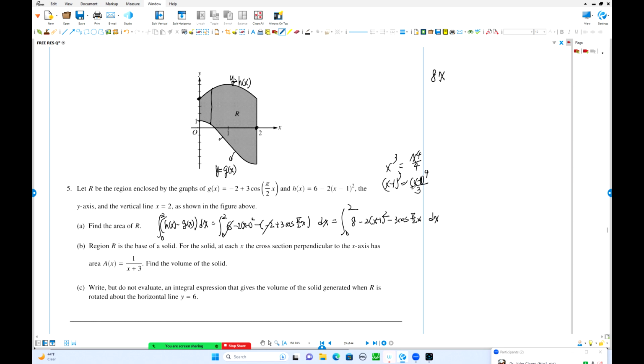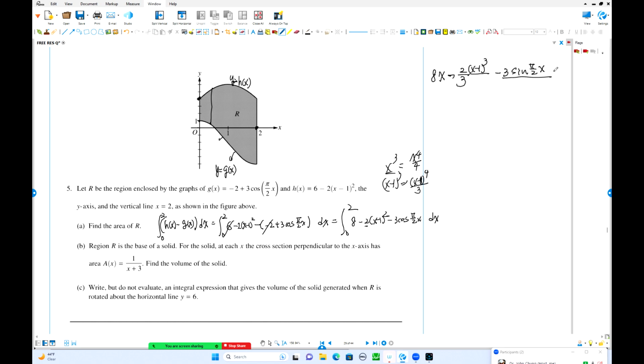X minus any constant follows the parent function. So we have minus 2 over 3 times (x minus 1) cubed. For the third one, the derivative of sine is cosine, so the antiderivative is 3 sine pi over 2x. But because of the chain rule, we have to divide by pi over 2 again.